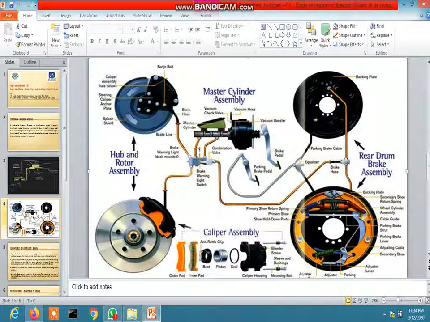Now here is the picture. 2 pistons are there, which are connected to the inner spring.